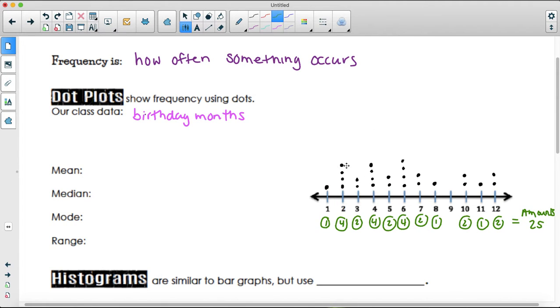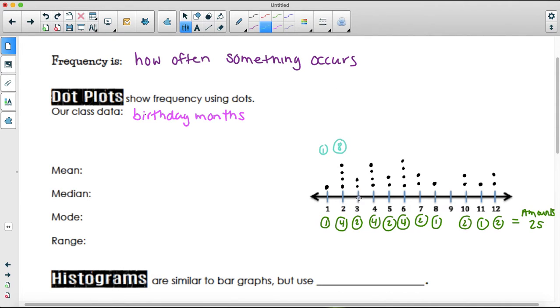Now, if we wanted to find the mean, we still need to find the totals. We have 1 in our first one, so this would be a total of 1. Then we have 4 in the place of 2, so that would be a total of 8.